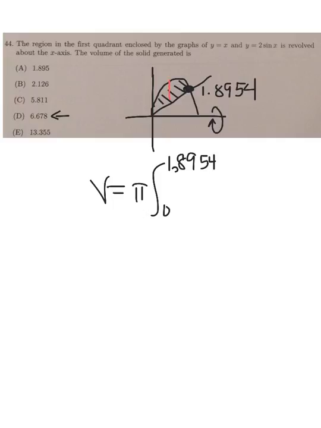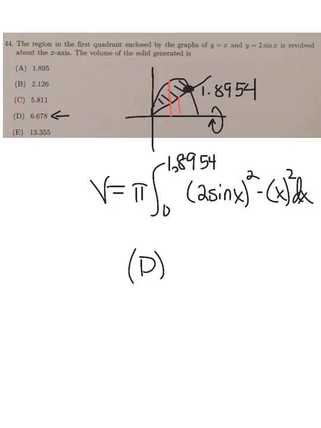So here's my large radius and there's my small radius. Okay, so we're going to do the big radius squared. So my big radius would be 2 sine x, that quantity squared, minus the little radius, which is x squared dx, and then just throw that in the calculator and you will get choice D.